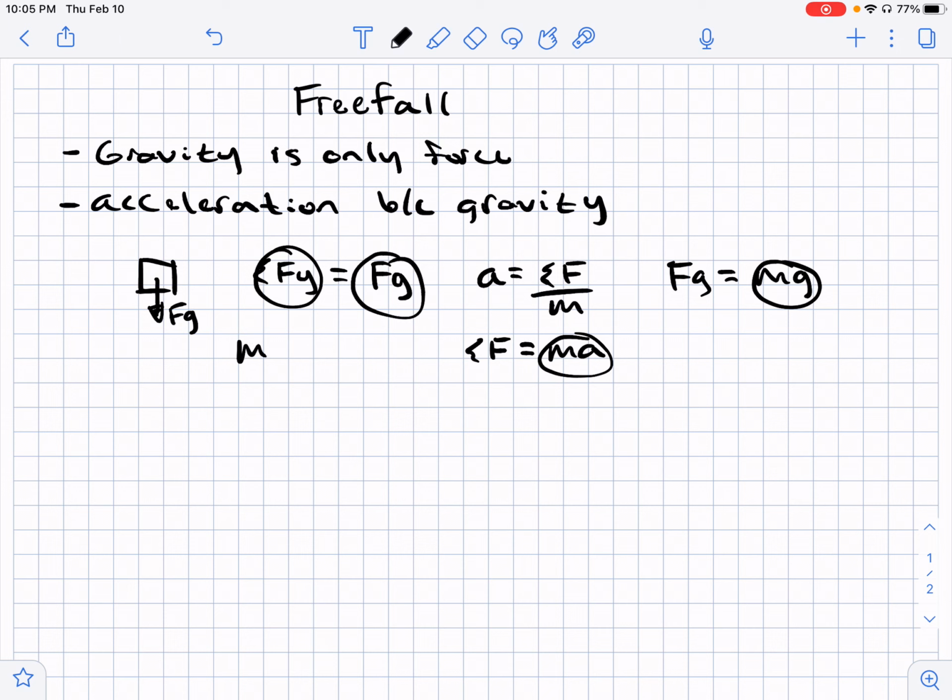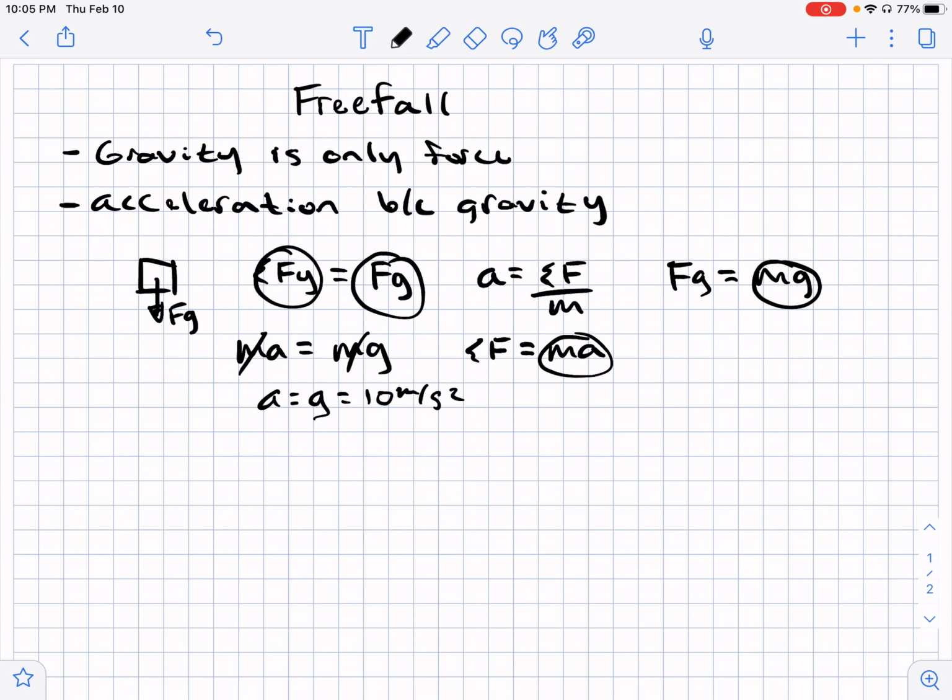Doing those substitutions, it would give me ma is equal to mg. Now my mass cancels, and so the acceleration of this object that's falling is just equal to g, which is 10 meters per second squared. And so that's where it comes from, that the acceleration of an object that's in free fall is equal to 10 meters per second squared.